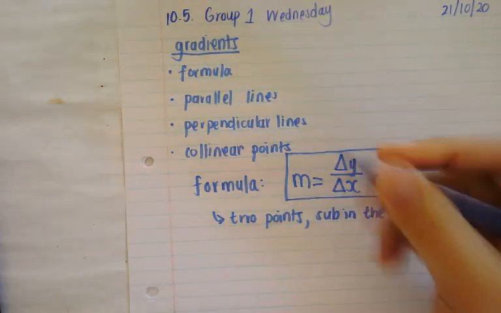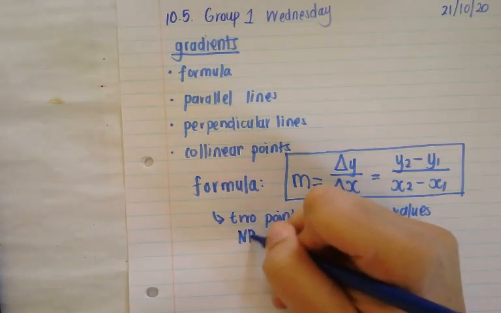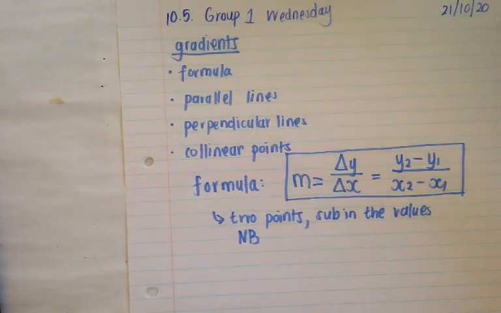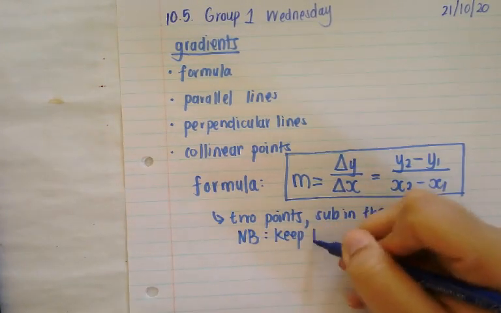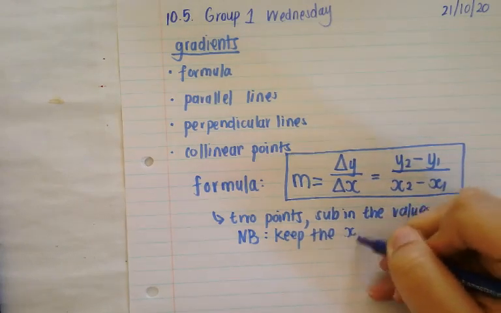The most common mistakes, or 2 mistakes, one is putting x on top and y at the bottom. The other one is not keeping your coordinates together. So very NB, keep the xy pair together.